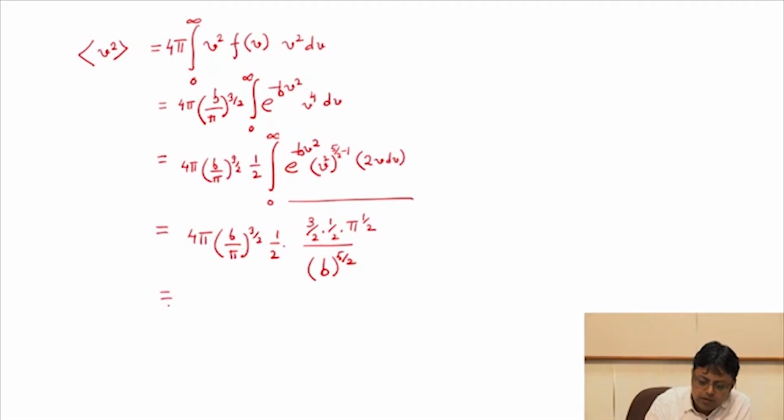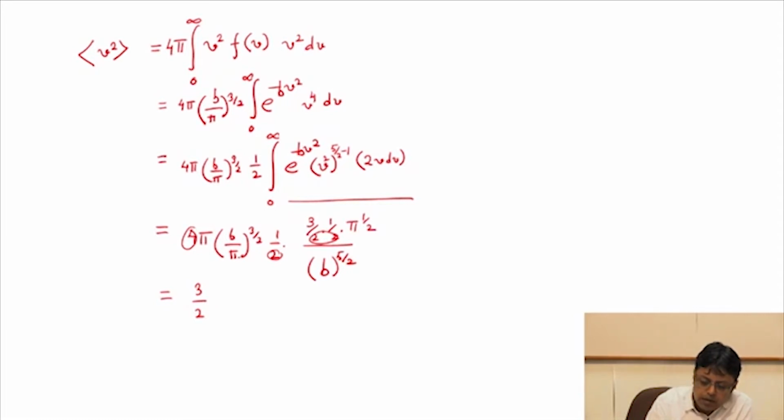So let us see actually what we get. Let's just write everything together. I have 3 here, and 2 into 2, 4, and 8. So that 4 actually gets cancelled with this 4. So ultimately I'll have 3 by 2. And then just calculate the pi's.